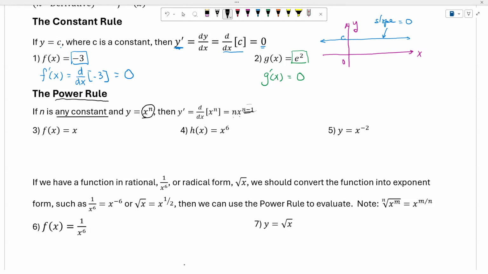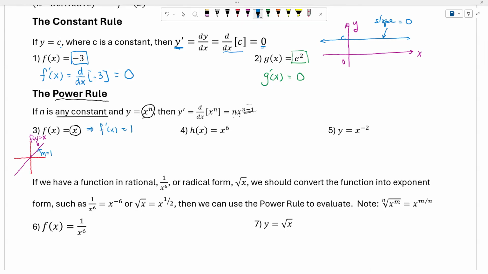Now, let us look at our first example. If I have f of x equal to x, and I want to find the derivative, then we know that the slope is equal to 1, meaning f prime of x must be 1.